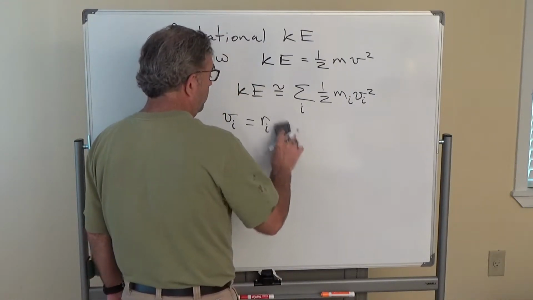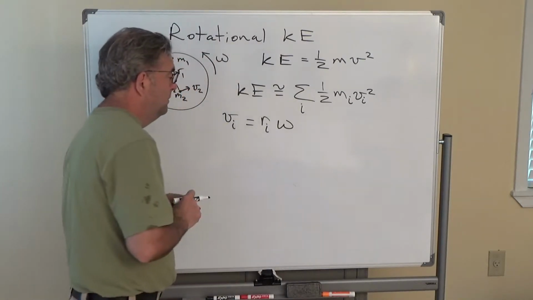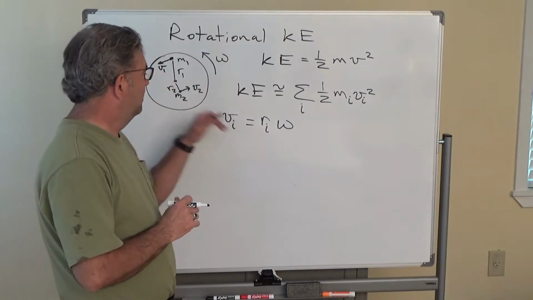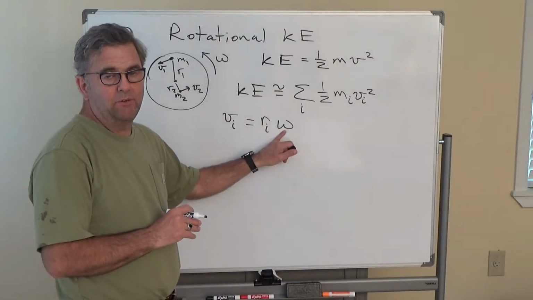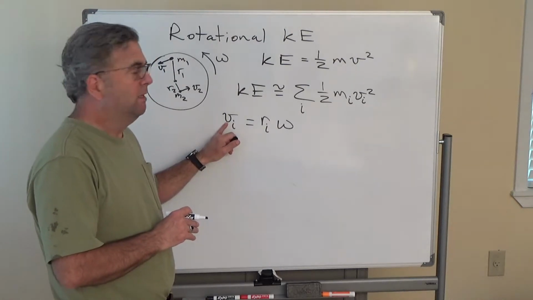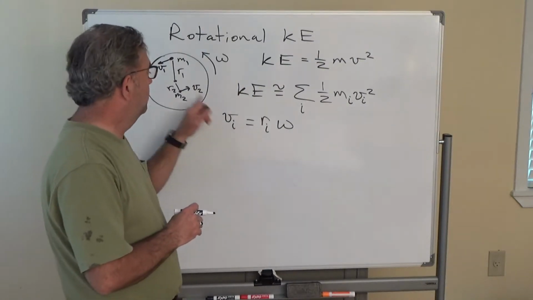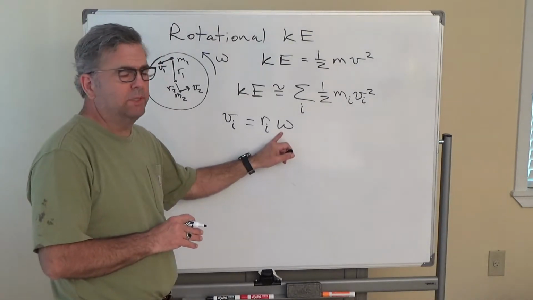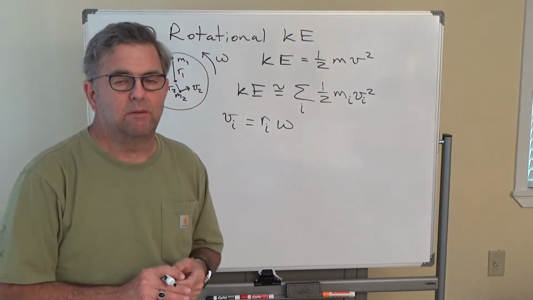That's just the distance from the axis of rotation times the angular velocity. That gives you that tangential velocity. If it's farther away from the axis, it's going faster. If it's closer, it's going slower, because this is a rigid object, so all the particles are rotating at the same angular velocity.